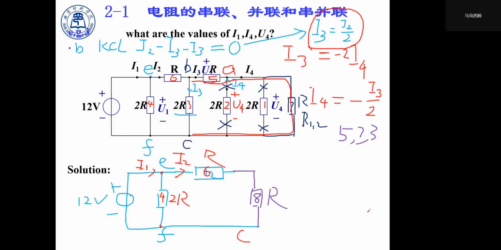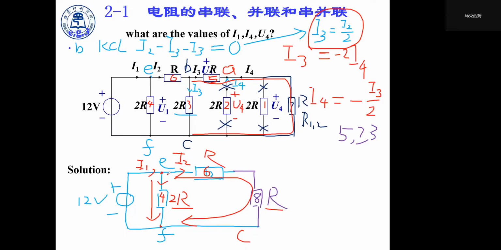And still we can see that since this branch, the right branch, and the resistor 4 branch are in parallel connection, and their values are both 2R, their currents must be identical.